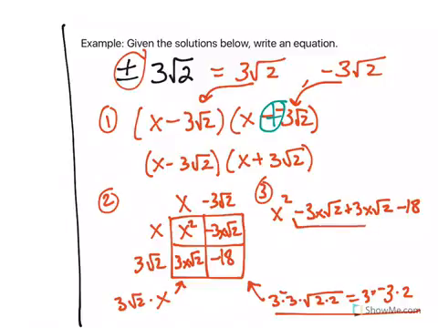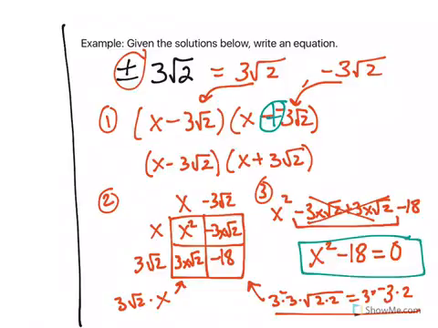Well, luckily, these two terms cancel out because it's a negative and a positive of the same thing. So that means we're left with x squared minus 18 equals 0. And that is our final answer when asked to write an equation.